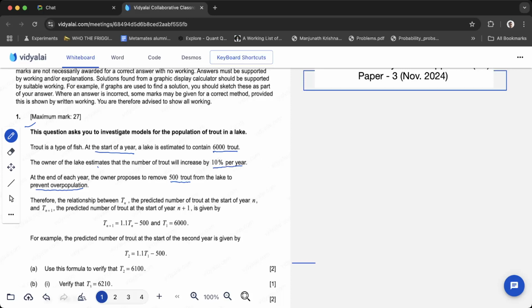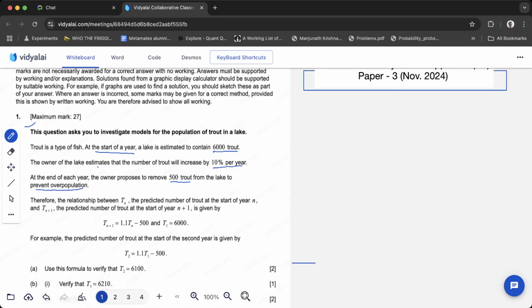So each year, the population will grow by 10%, but 500 fish will be taken out at the end of each year. So what would be the net relation after each year passes by?